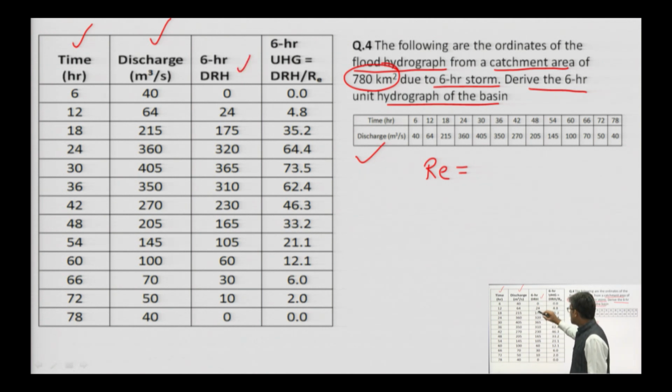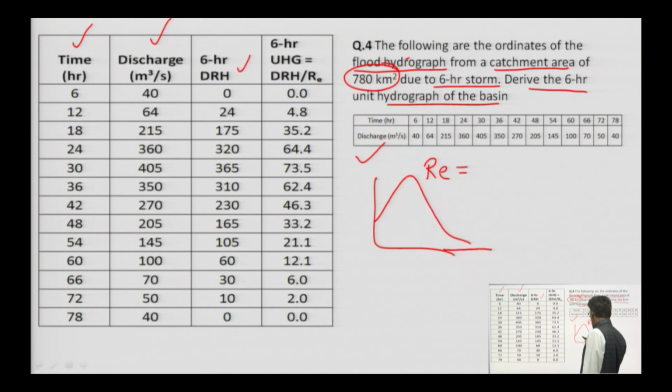Since this is the flood hydrograph, what we need to do is make the unit hydrograph from the flood hydrograph. In the flood hydrograph, base flow as well as runoff is given.